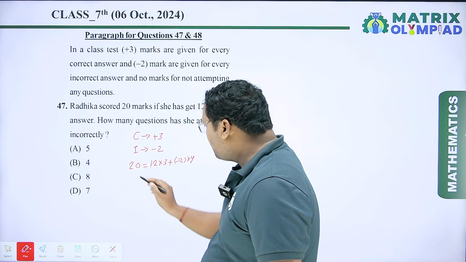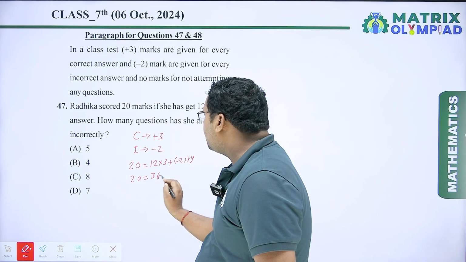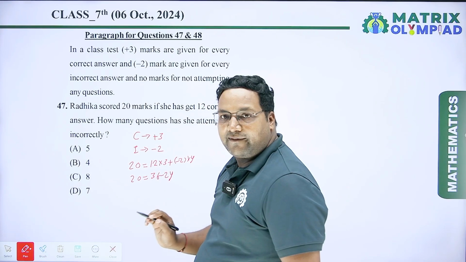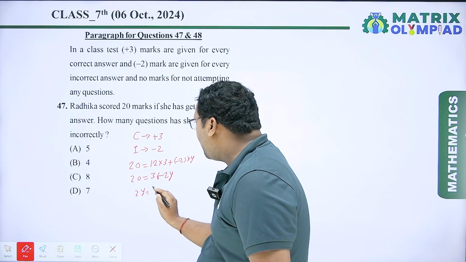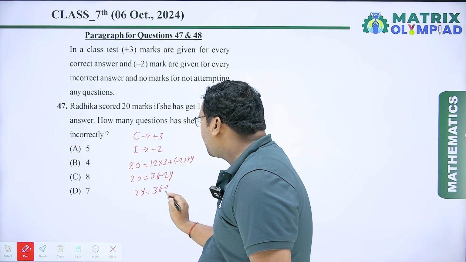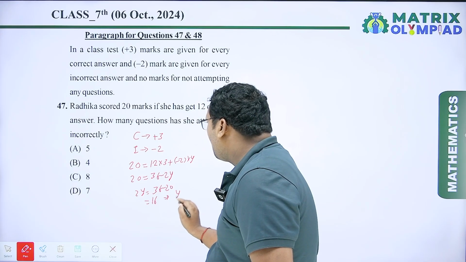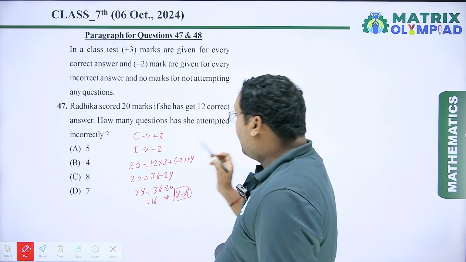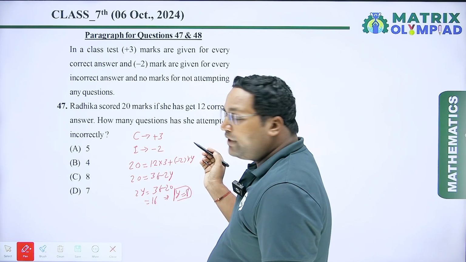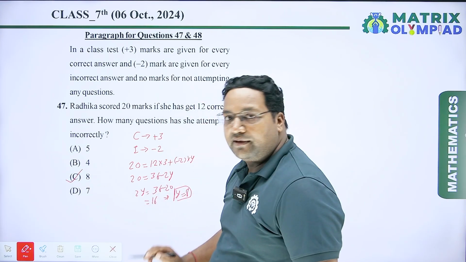Solving the equation, we get 20 equal to 36 minus 2y. So 2y equals 36 minus 20, which is 16, so y equals 8. So Radhika attempted 8 questions wrongly. So the correct option is C.